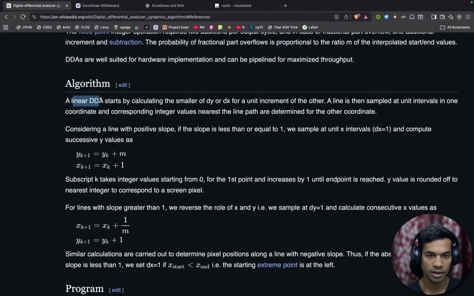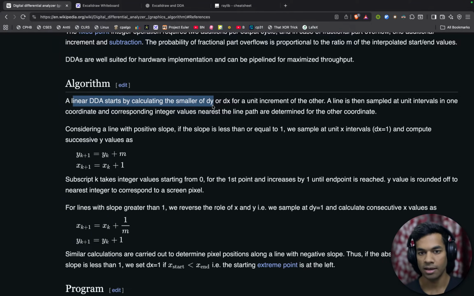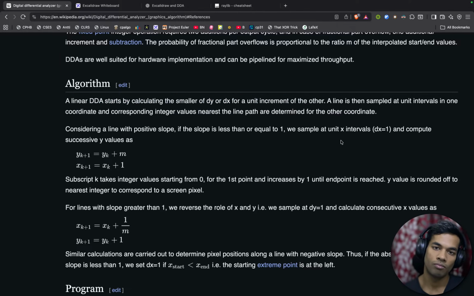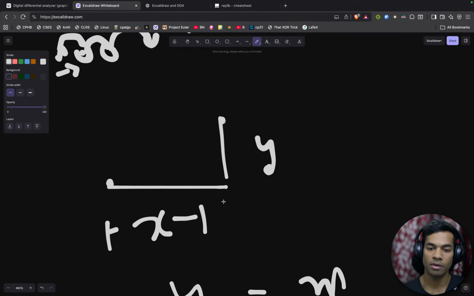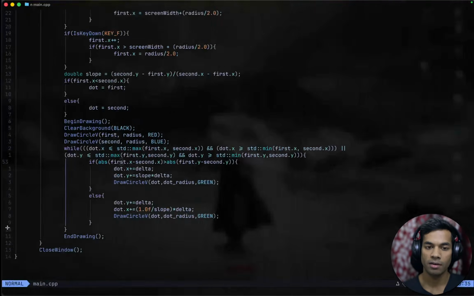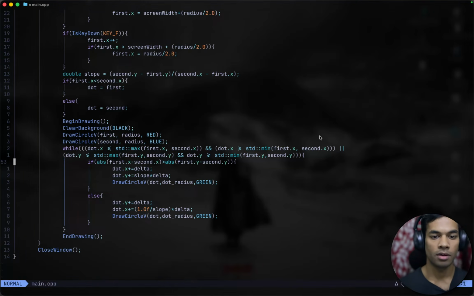A linear DDA starts by calculating the smaller of the two, dx or dy, for a unit increment of the other. Okay, if we think carefully about this, we can write this whole thing properly.